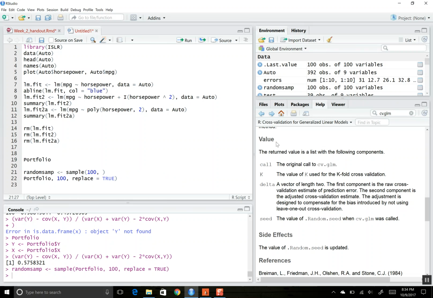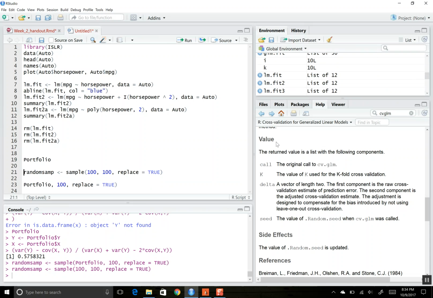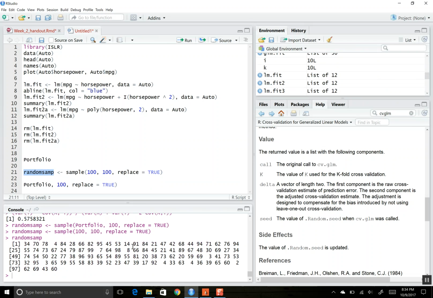I want a value of 100, and I want replace equals true, okay? So random sample is 100 rows that I'm going to select from portfolio, but this is with replacement, okay? Meaning that I can select the same row more than once, and some rows might not get selected at all. Okay, so this is my random sample that I'm going to use.